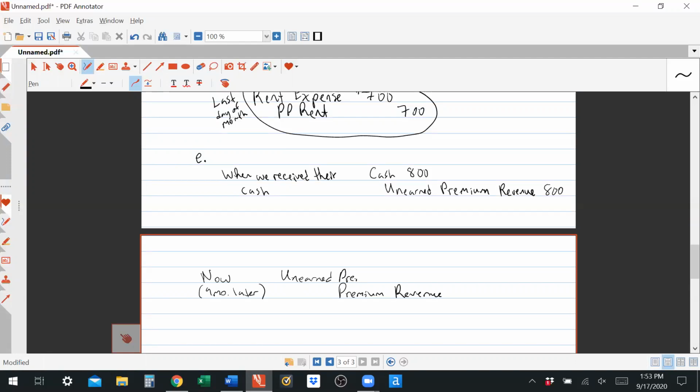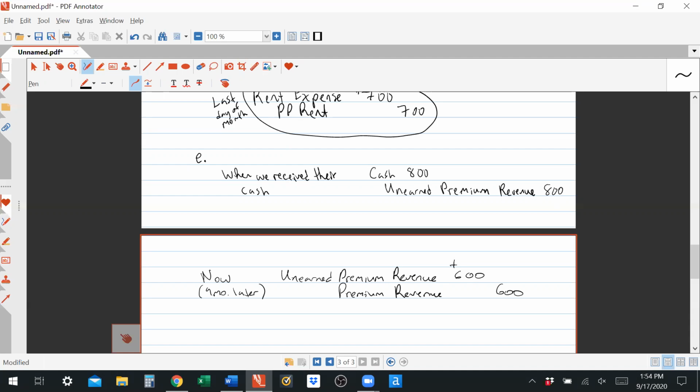At any time, they could have filed a claim with us and we would have had to pay them. So we have satisfied. All right, this $800 they originally paid 9 months ago was to be insured for 12 months. So how much revenue do we get to recognize if only 9 months have gone by? We can't recognize all 800. We have to only recognize 3/4 of 800, right? Or 600.